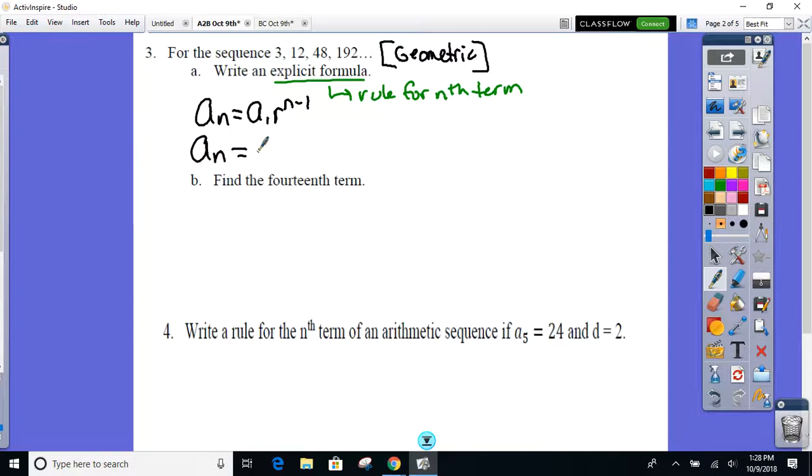Oh, hey, what can be plugged in for the first term? 3. What's your R value here? 4. And if you are uncertain tomorrow, what's the trick? Take any term and divide it by the previous. We're good. Nice. What do I plug in for n? N. Good. How about 3 times 4? 3 times 4. That's it. As far as you can go.